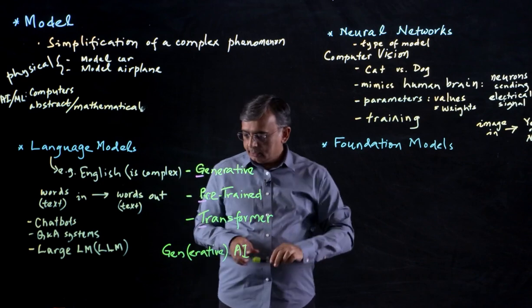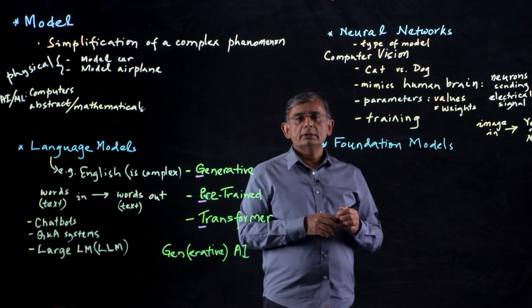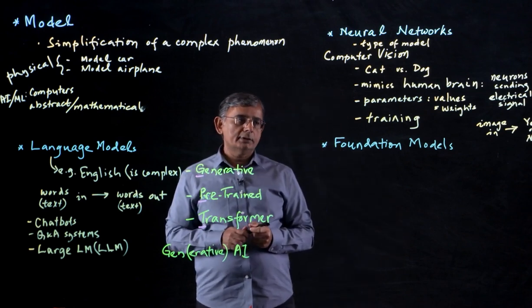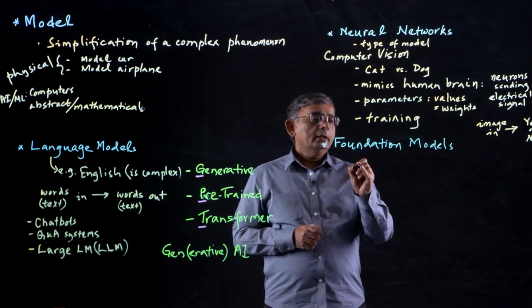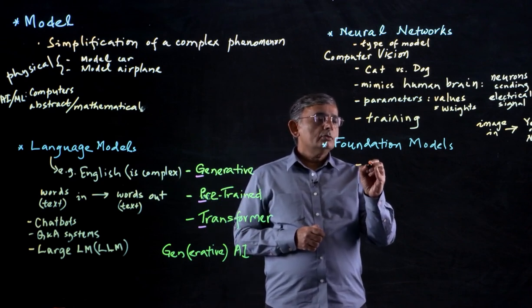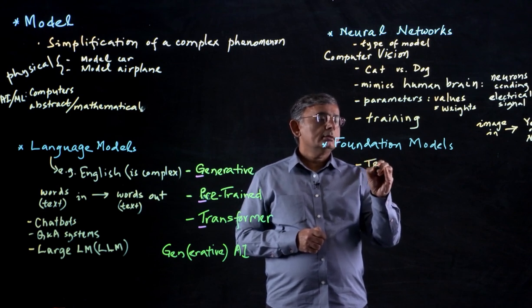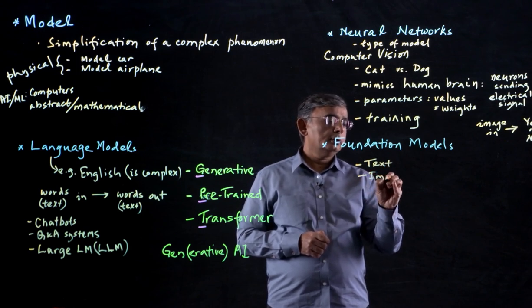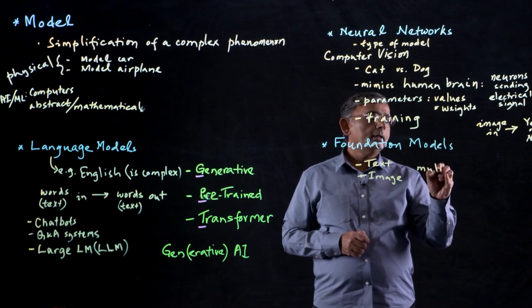The last topic that I want to get to is foundation models. You may have also heard this in the context of generative AI discussion. And basically what's happening with foundation models is that it's able to handle as input text, images. So you may hear the word multimodal.